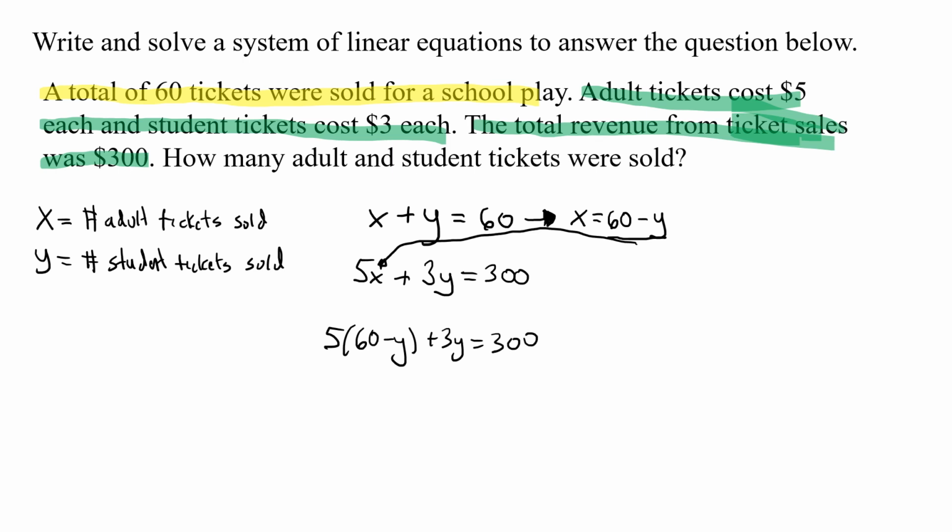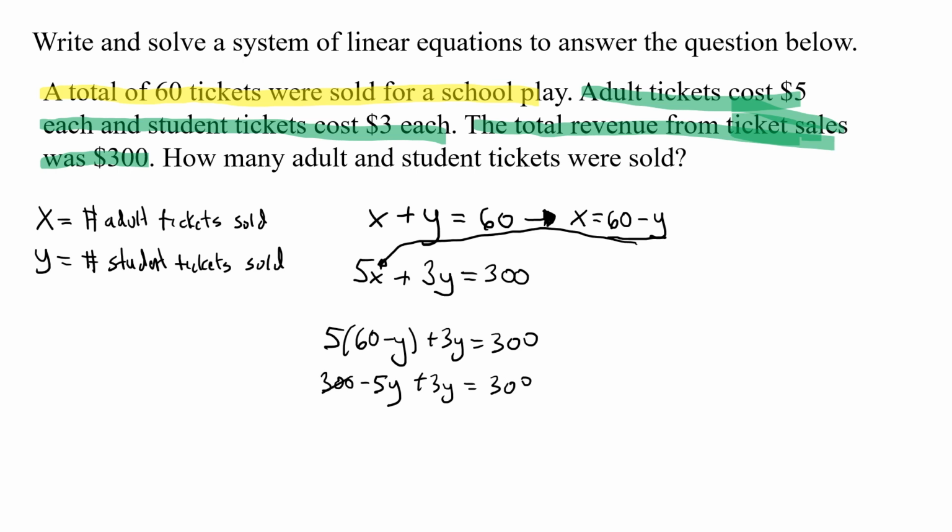So we need to distribute through here. So here we go. We get 5 times 60, so 5 times 60 is 300, minus 5y, plus 3y equals 300. So this is interesting.